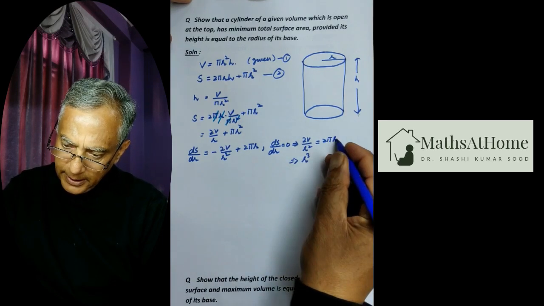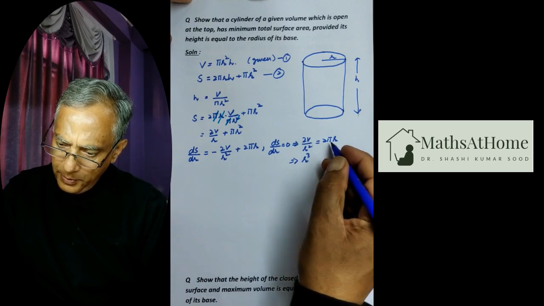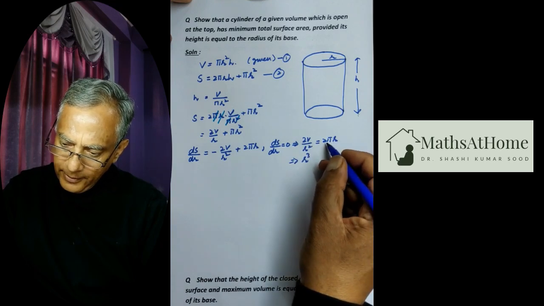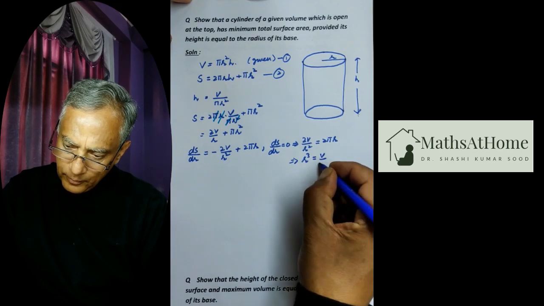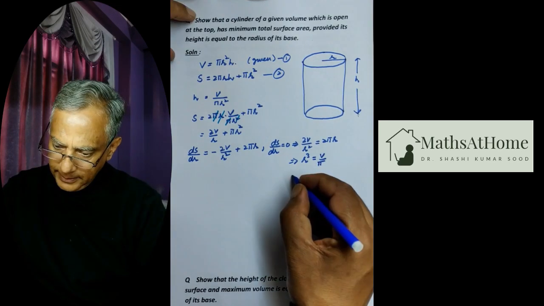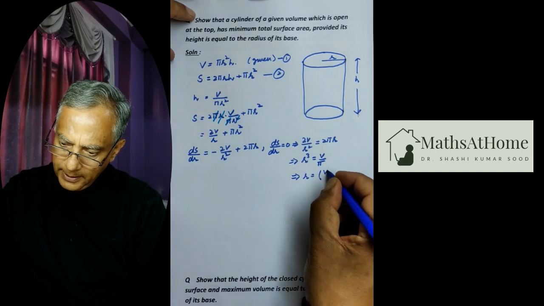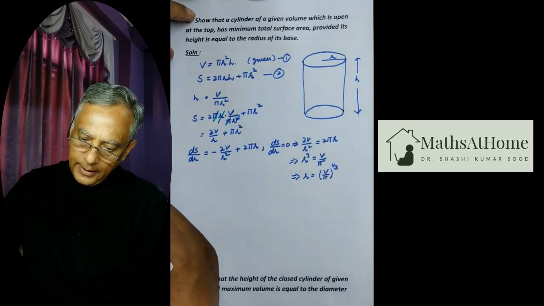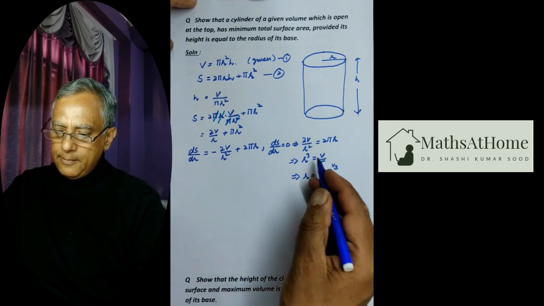Take this to the other side. 2 cancels and we get R cube is equal to V by pi, and this implies R is equal to V by pi to the power of 1 by 3. Now we will show that this is a point of minimum.